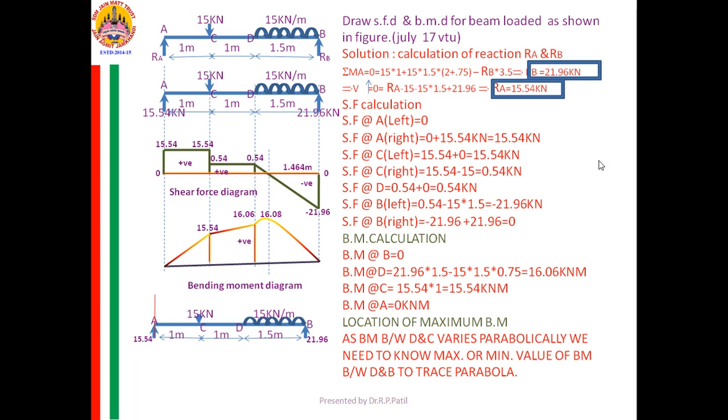Inclined one, first order in X. Therefore, what is bending moment? Integration of first order. That is nothing but second order parabola. That is a curve. I need to join these 2 points by means of a curve.